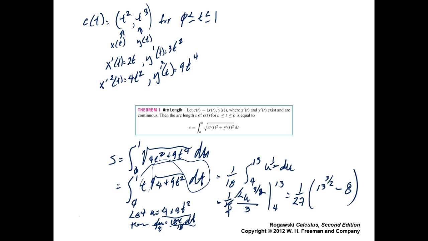Now, you know that's going to be something between 3 squared and 4 squared. 3 squared is 9, 4 squared is 16. So it's going to be something between 9 and 16, whatever that is. Use your calculator, see what it is.